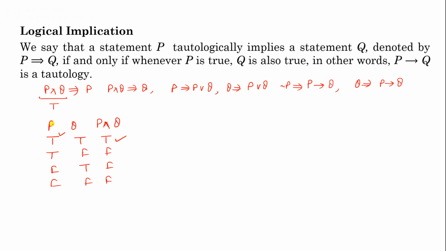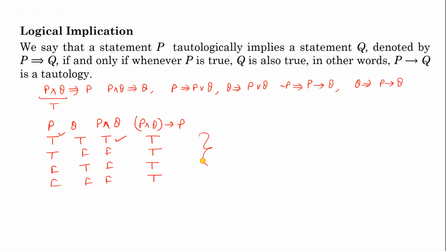Now another way, we can make the truth table of P and Q implies P. If you make this truth table, look at this, P and Q. Now this is a condition, this is a conclusion. So true, true, this is true. True, false: condition is false, but conclusion is true, so this is true. Both are false, this is true. Again, both are false, this is true.